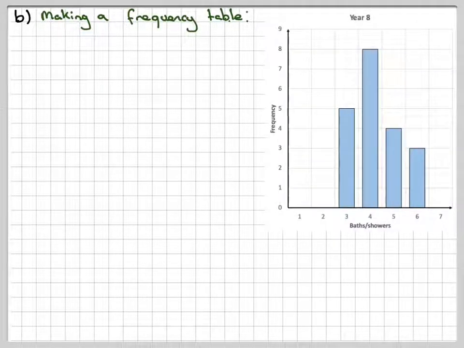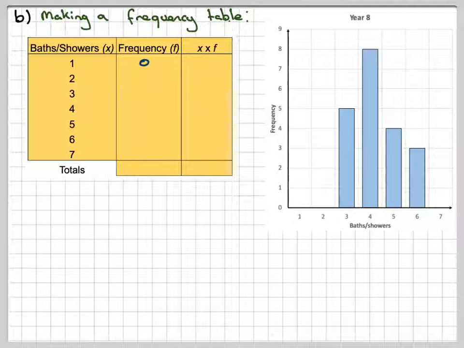If we now do the same for the year 8 graph, so again, there's nothing here, nothing there, 5 there, 8 there, 4, 3, and then nothing there. Okay, and then we'll do the multiplication again, so we get 20 altogether.